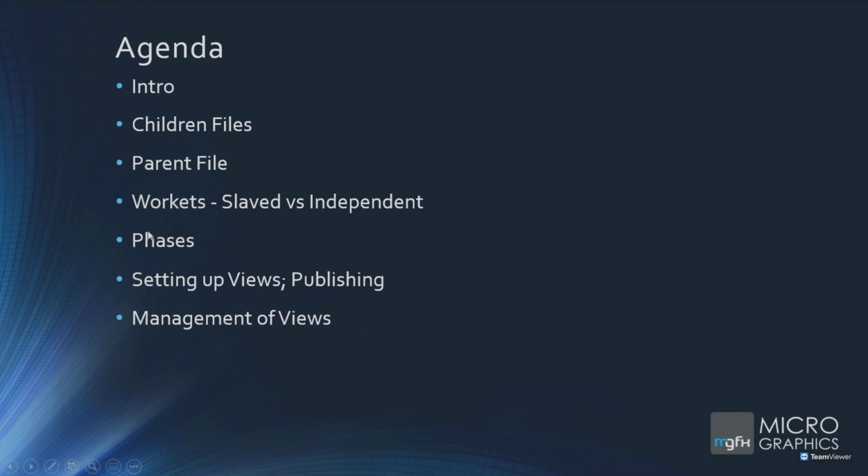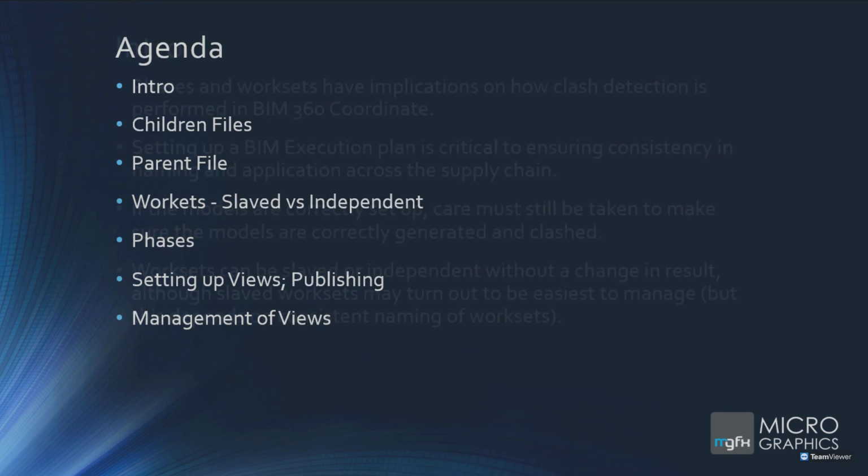Phasing, typically that would be applicable where you have an existing building and then you either modify that building, or if you have a large project, then you might have phase 1 and a phase 2 during the construction, or any time-based sequencing of construction activities. We're going to have a look at setting up views and also publishing on BIM 360. That's something that's unique to the BIM 360 platform, and then also on the management of views.